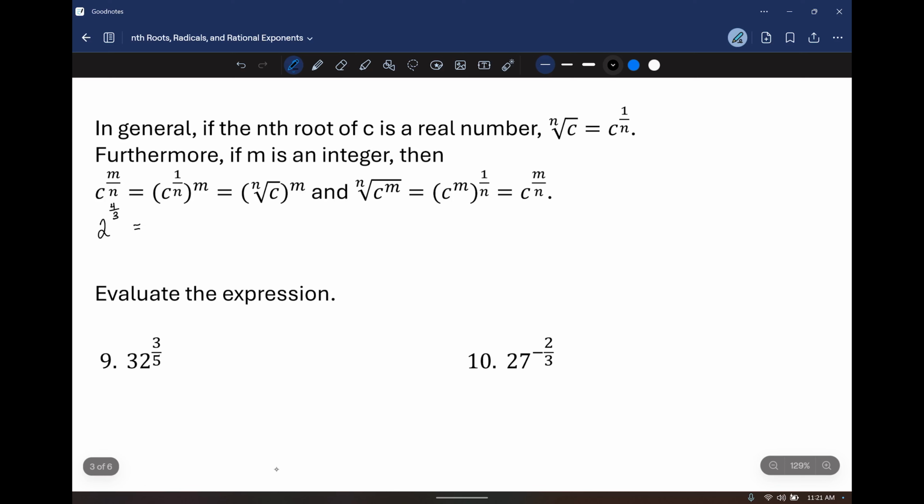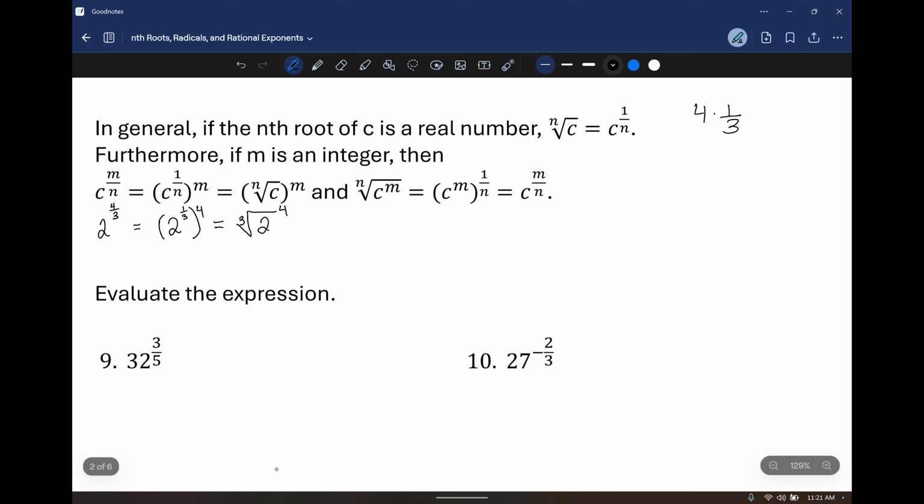That's the same thing as 2 to the 1/3 raised to the 4th. I can split that up because remember, if it's 4/3, that's the same thing as 4 times 1/3. And furthermore, that's equal to the cube root of 2 all raised to the 4th power.